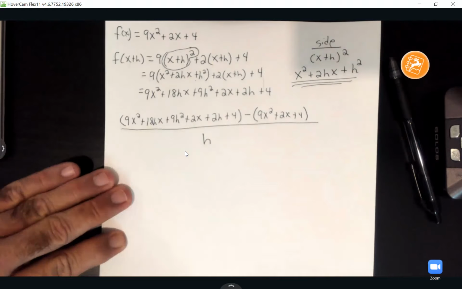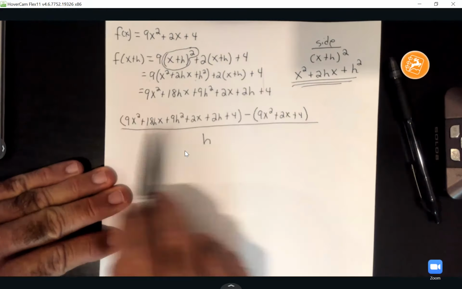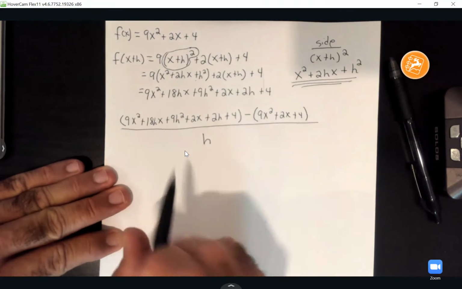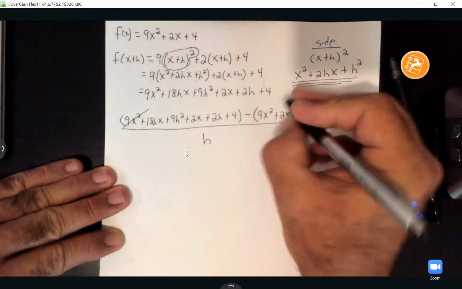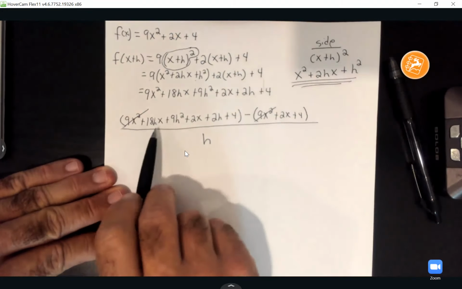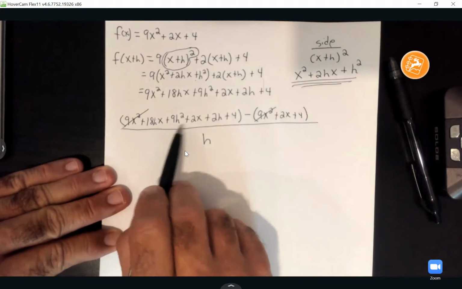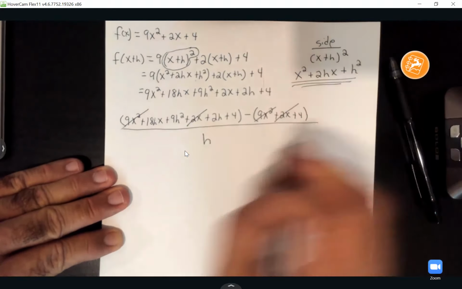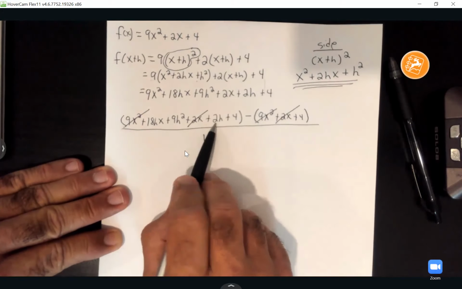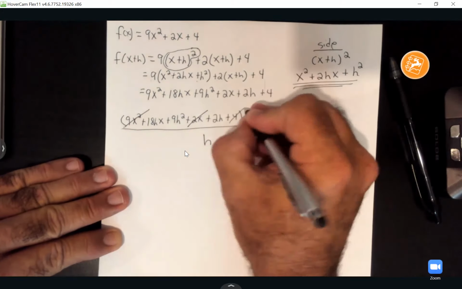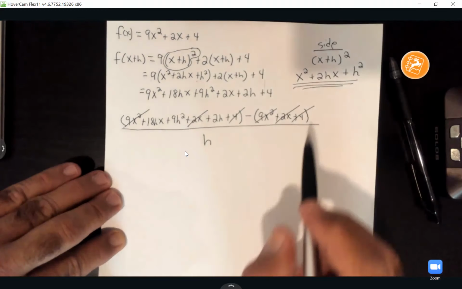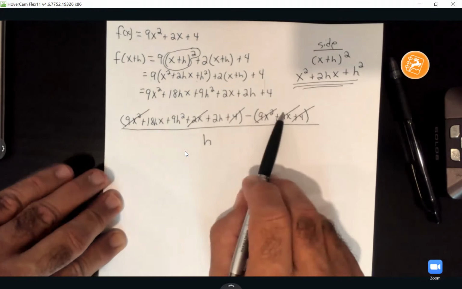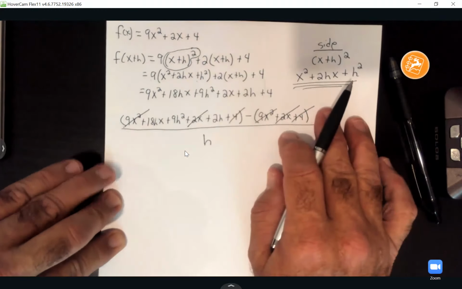But y'all, it's about to shrink down because remember, all three of these are going to cancel with the counterpart over here. So the 9x squareds cancel. The 2x doesn't have an h, so the 2x's cancel. The 4 doesn't have an h, so the 4's cancel. 100% the second parenthesis cancels out every time.